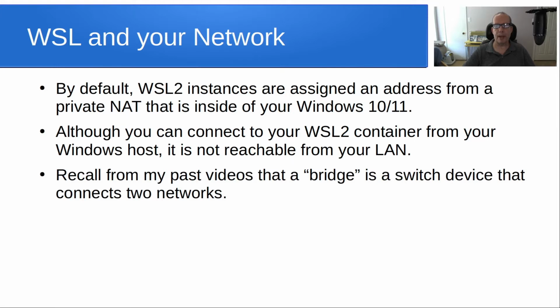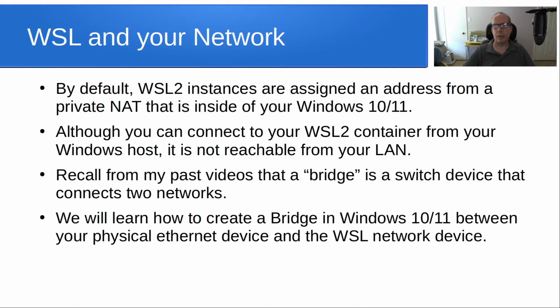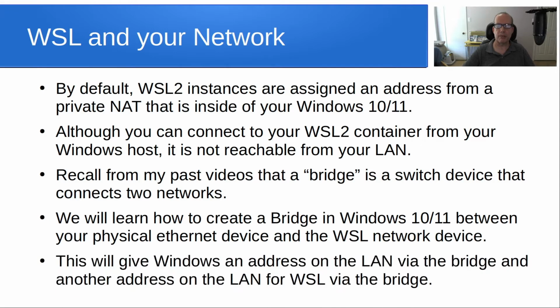So recall from my past videos that a bridge is a switch that connects two networks. We will learn how to create a bridge in Windows 10 or Windows 11 between your physical Ethernet device and the WSL network device. And this will give Windows an address on your LAN via the bridge and another address on the LAN for WSL via the bridge. So therefore, you'll be able to SSH to your WSL instance from anywhere on your network.